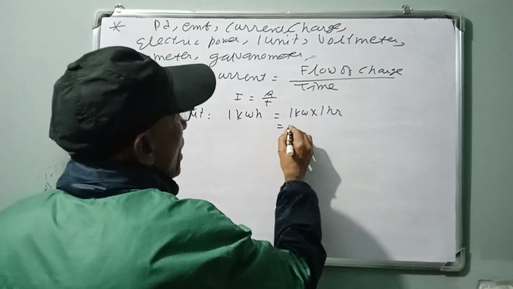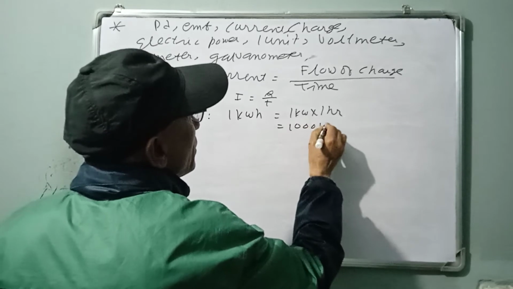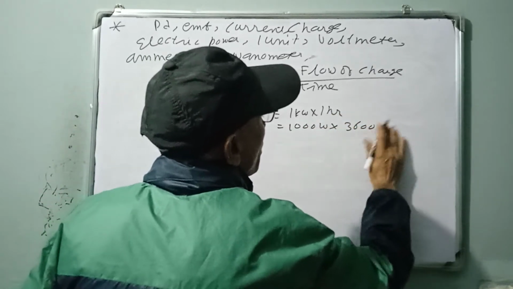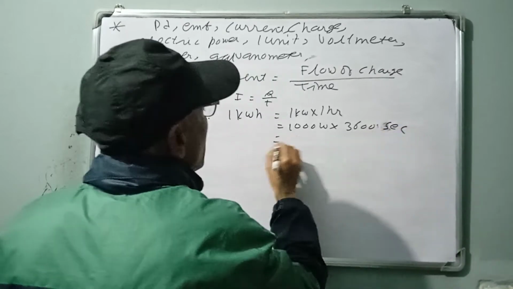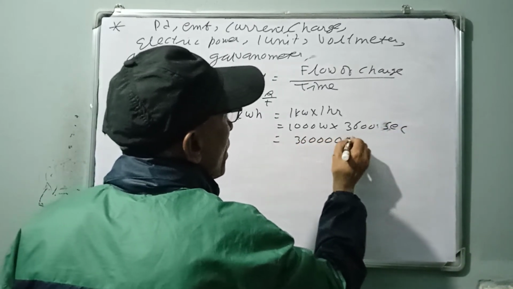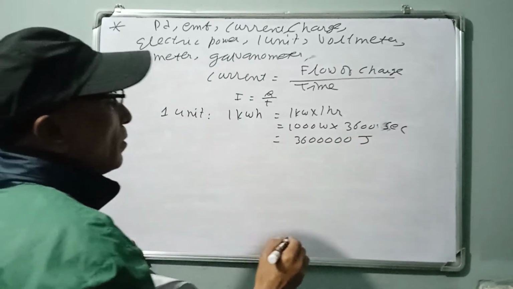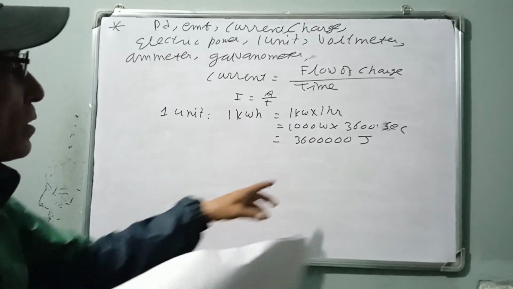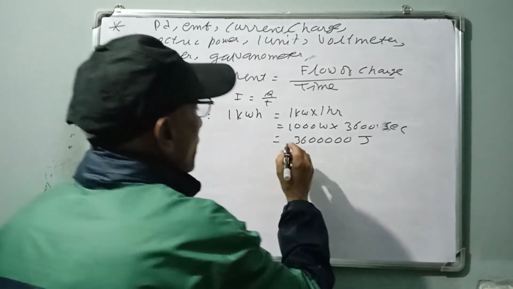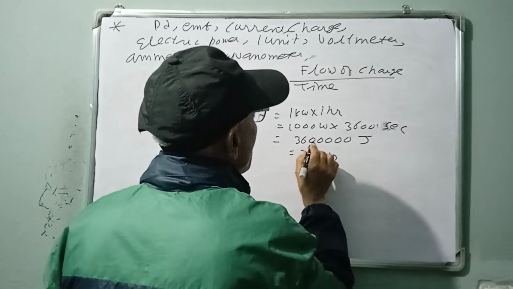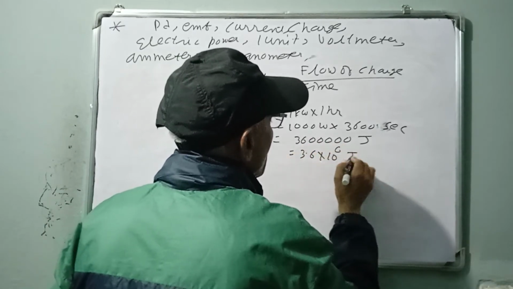1 kilowatt is actually 1000 watt. 1 hour is 3600 second. Multiplying, we get 36 lakh joule, or in scientific notation, 3.6 into 10 to the power 6 joule.